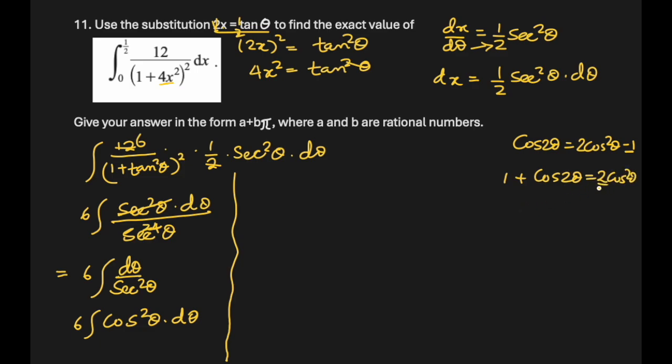And if I get rid of this 2, it becomes cos square theta is 1 plus cos 2 theta over 2, and that's what I'm going to write here. 6 remains outside, 1 plus cos 2 theta over 2, right? Whole over 2, so let me write them separately so that I can integrate them separately.